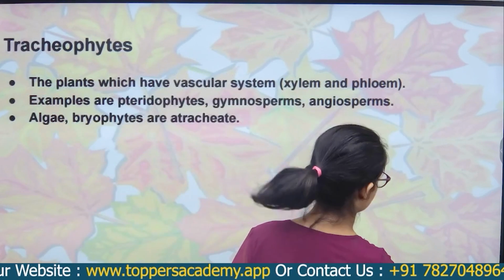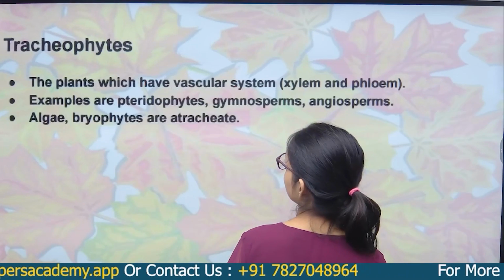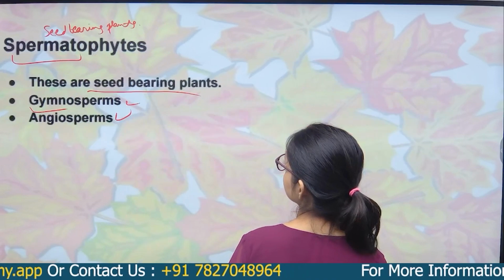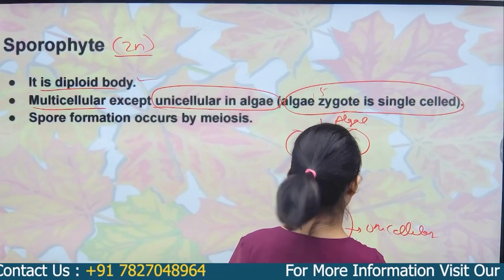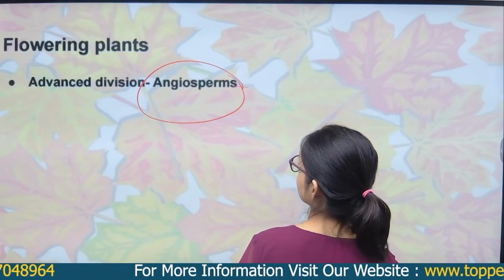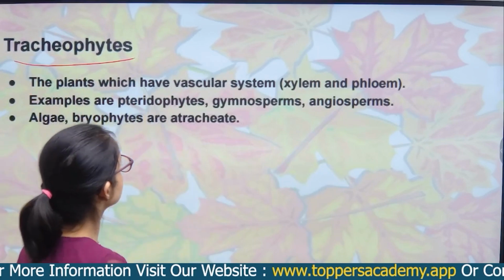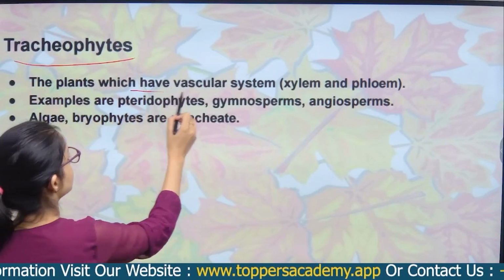The next term is tracheophytes. I had skipped this. These are plants which have a vascular system.